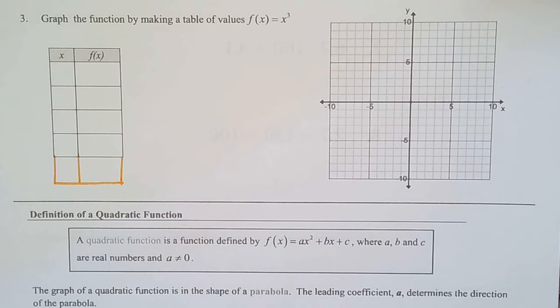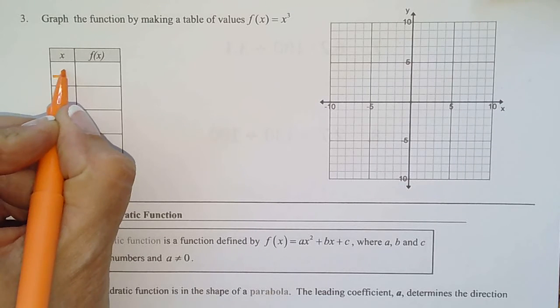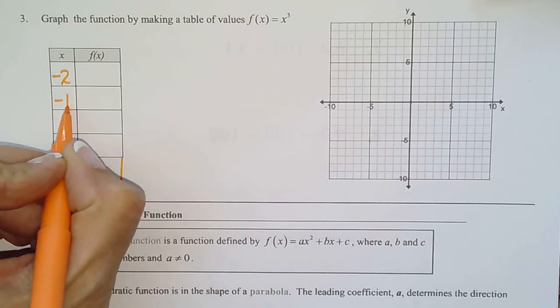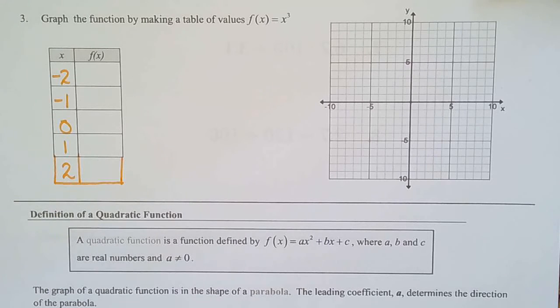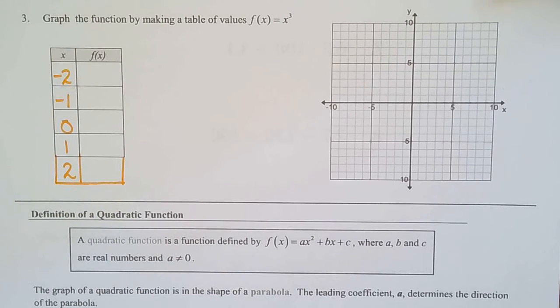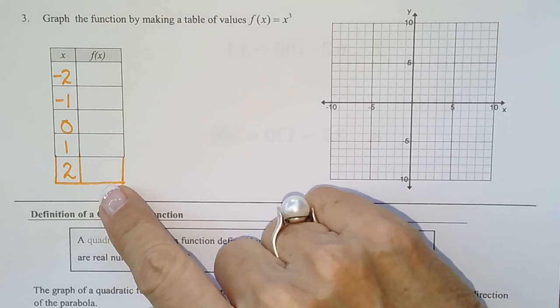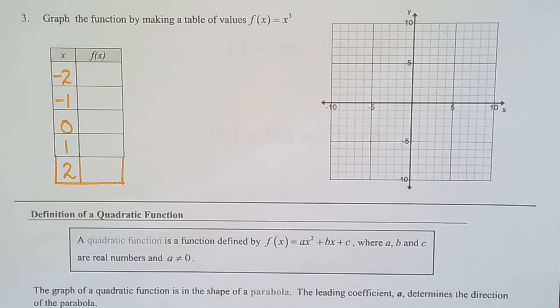And unless I'm told otherwise, I do a basic t-table, which is -2 to +2 in your x column. That's usually where I start. If I see I need more on the left or more on the right, I'll add some in. But this is the basic t-table.